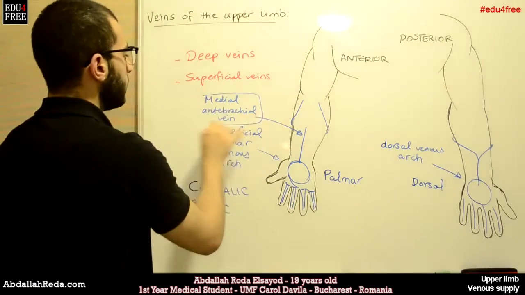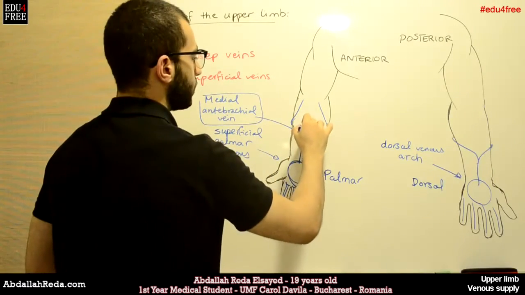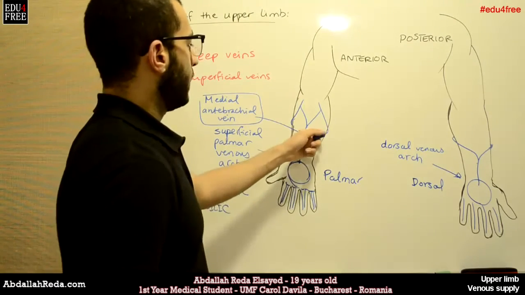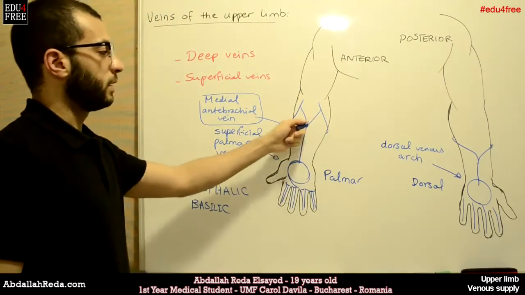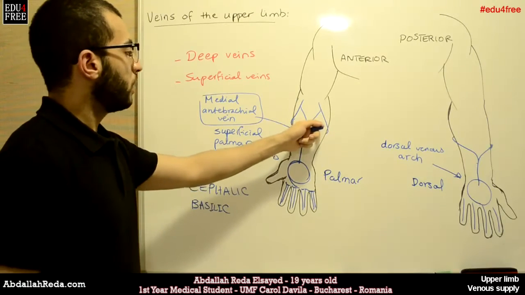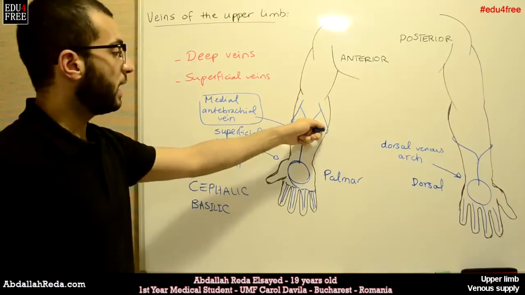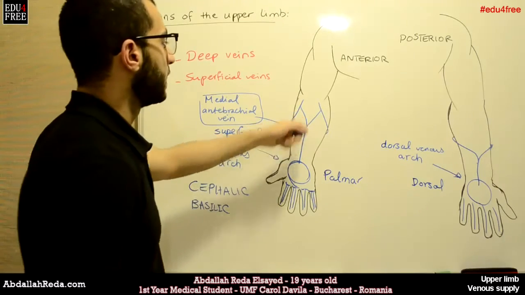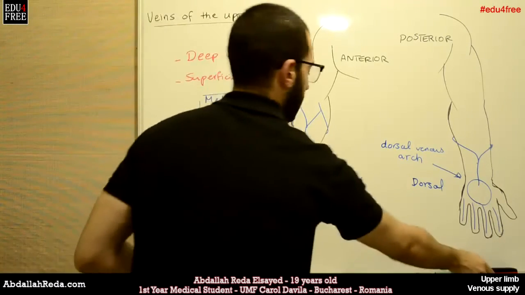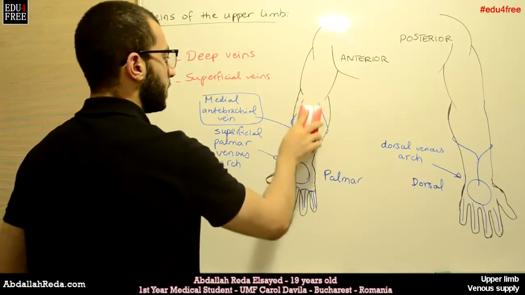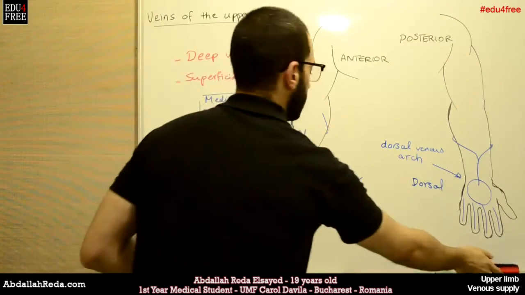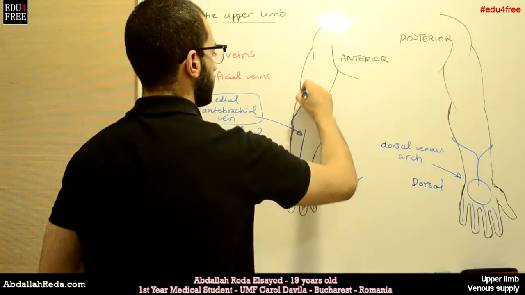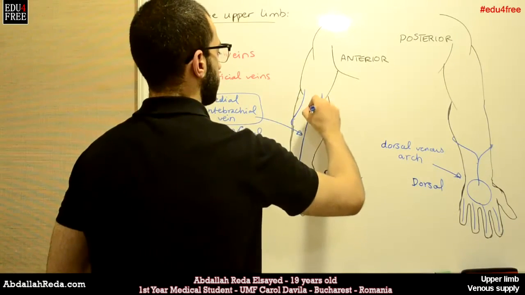So we'll see here the medial antebrachial vein will give two branches here. And they are named according to the vein that they go to. So we have the median basilic vein and we have the median cephalic vein. And actually this happens maybe a little bit higher because this is the pattern that we see maybe here.